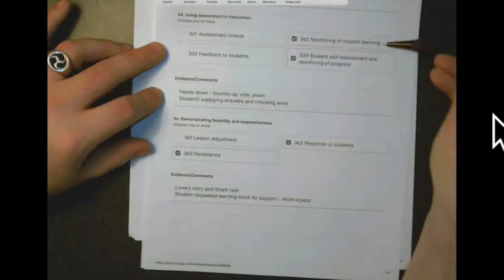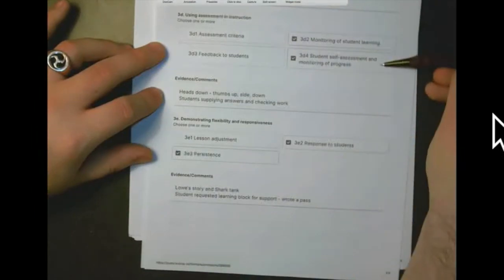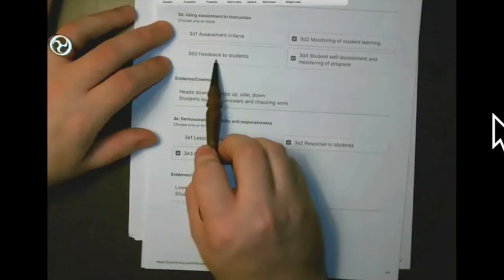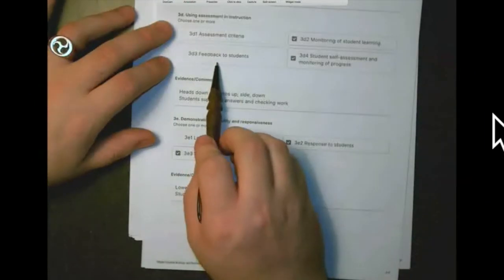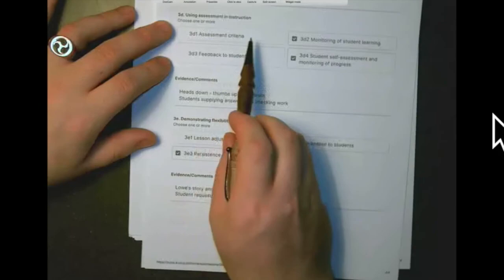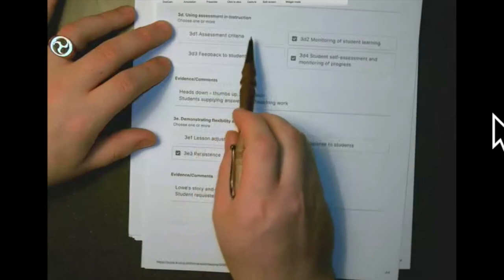I monitored their learning, and I allowed the kids to assess themselves. I gave feedback as needed, but in this case, none of the kids really had any questions because they understood it. So I didn't get a check there. And assessment criteria, there wasn't really an opportunity to have that explicitly shown. I don't generally do that.